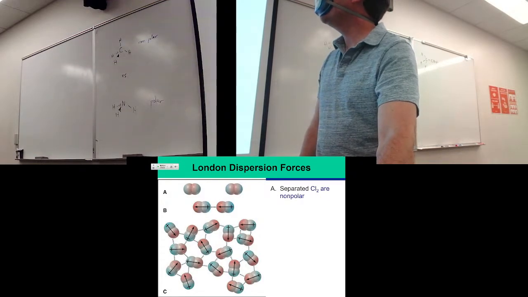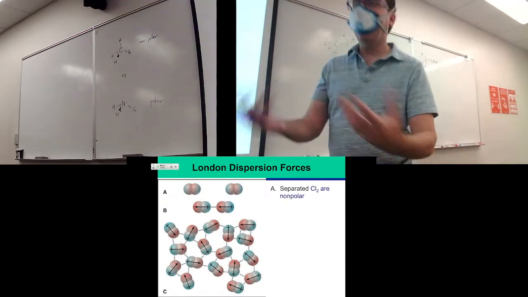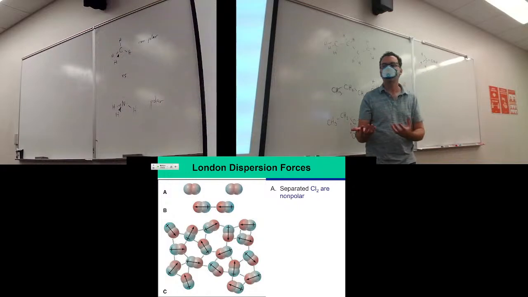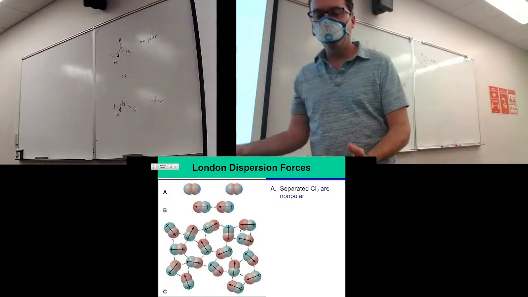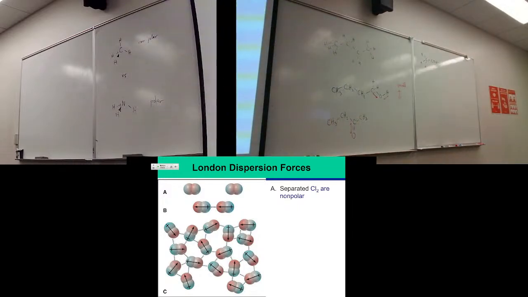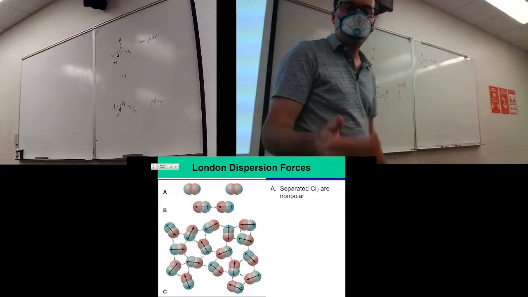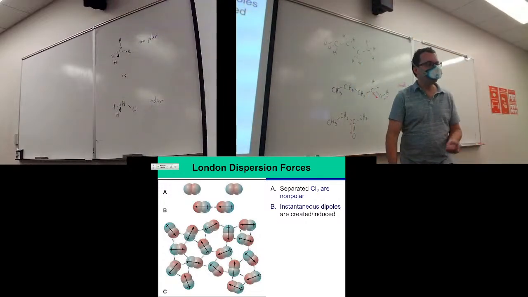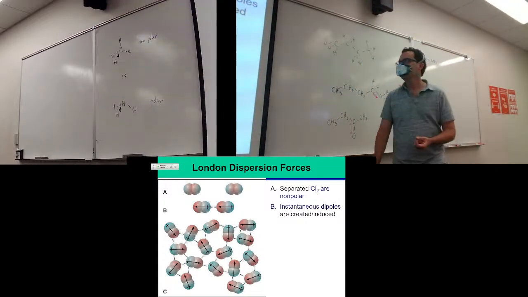But as soon as they come near each other, one may, and this is kind of random, okay, this is all probability based, the electrons in one molecule might cause the electrons in the other molecule to temporarily move away and create a temporary dipole moment where you'll get a brief attraction between those two molecules.